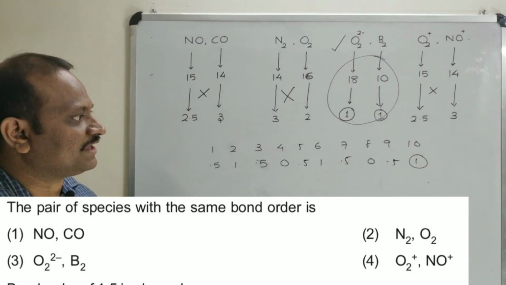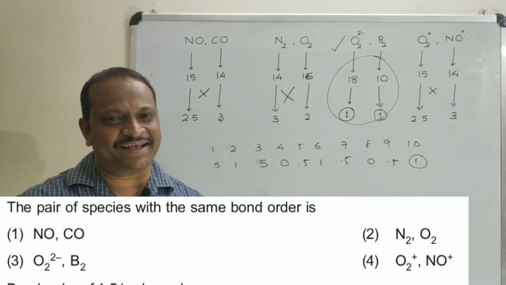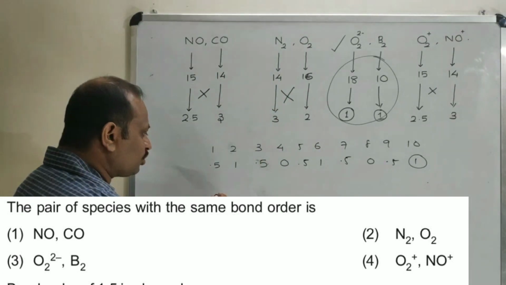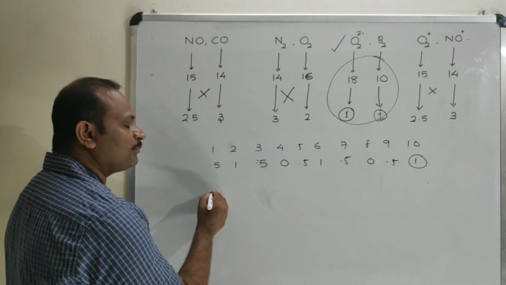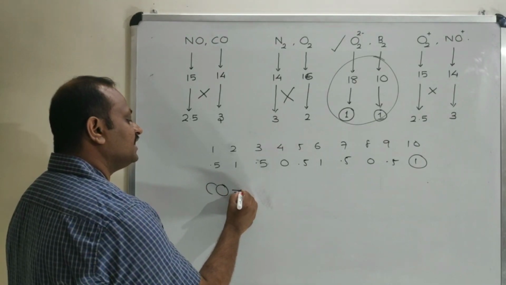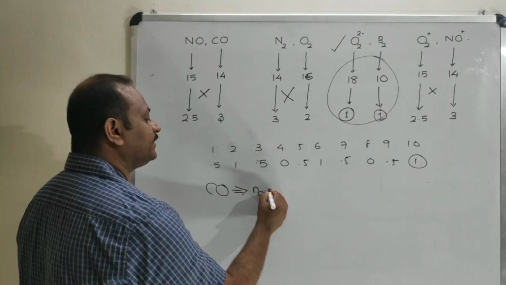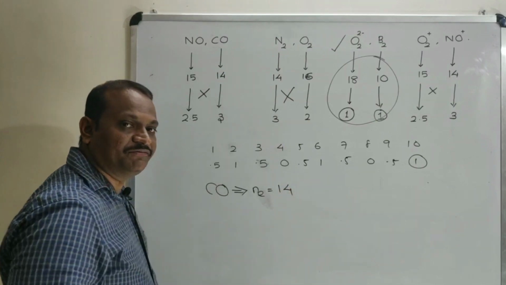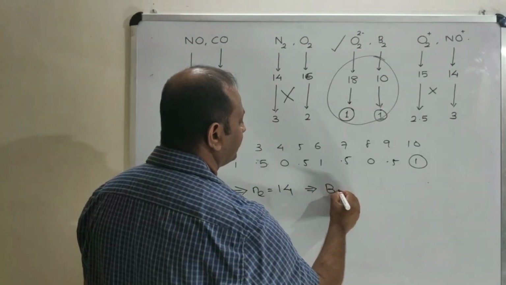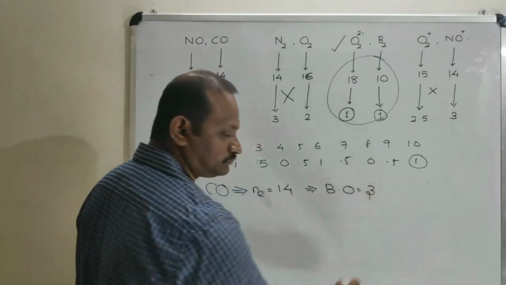Actually, this rule is applicable for most of the species except only one. But that is the most important. So you know what is the bond order of carbon monoxide? See, carbon monoxide means number of electrons is equal to 14. If the number of electrons equals 14, its bond order is equal to 3.